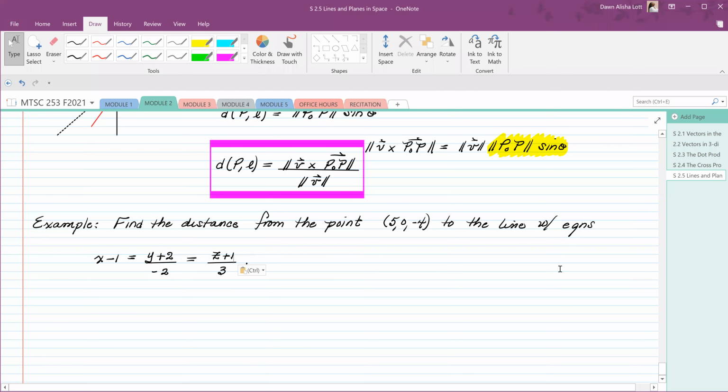So the point P here is equal to 5, 0, minus 4.